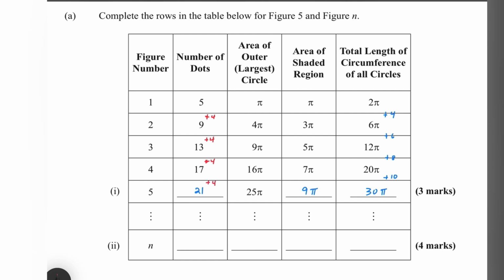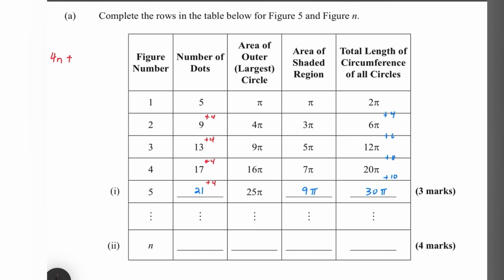So the relationship between the figure number and the number of dots has to do with 4 times the figure number plus or minus a value. To get n, it's going to be 4 times n plus some value.